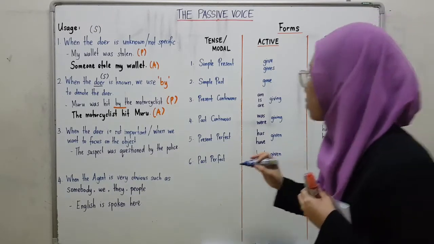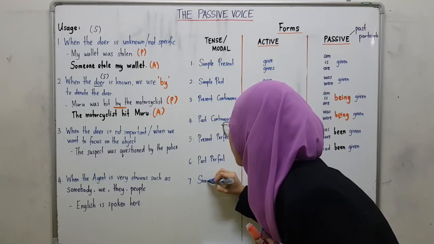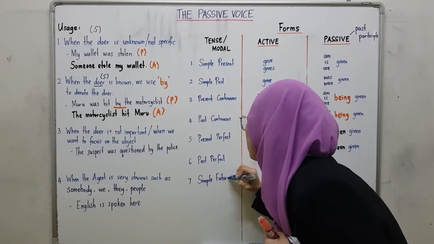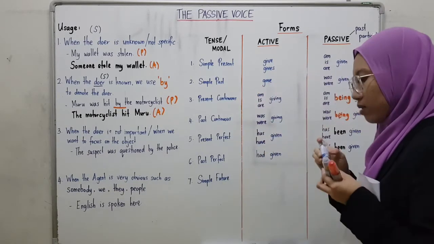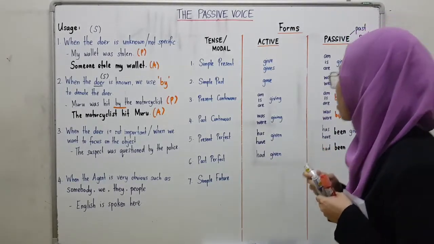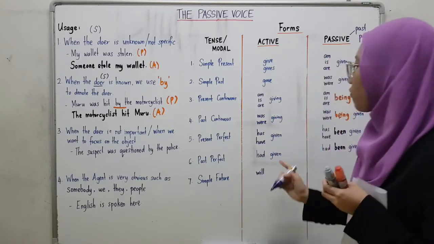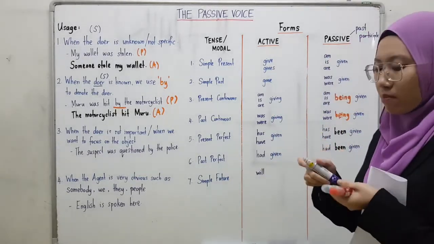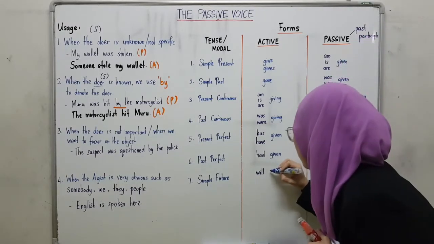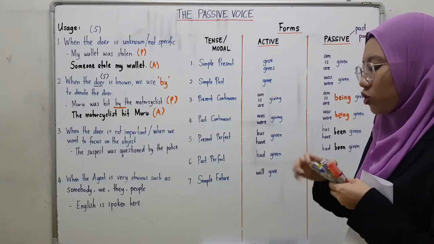Okay, next, using simple future tense. For simple future, what do we use? Will. When you use will, the verb must be in base form: will give, or shall give.